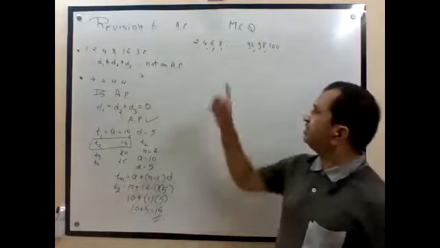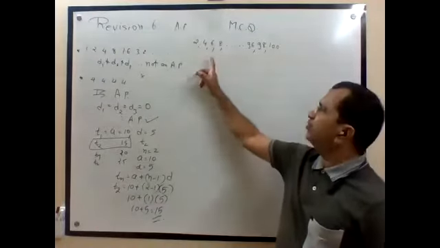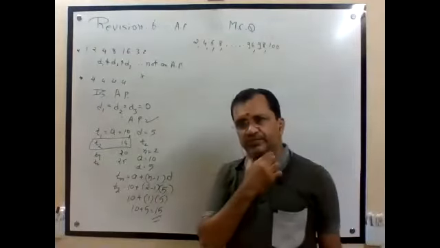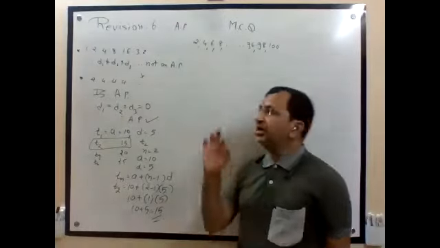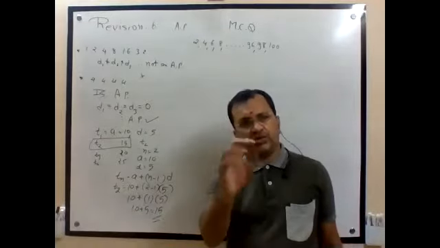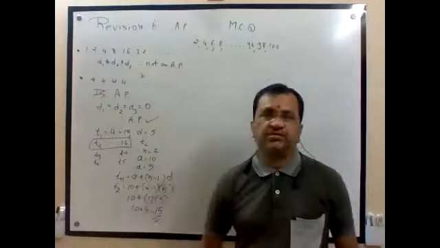How much is the difference? 4 minus 2, 2; 6 minus 4, 2; 8 minus 6, 2; 98 minus 96, again 2. A we know, D we know, last number we know, but we don't know N, how many terms.